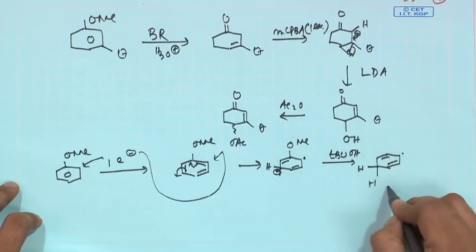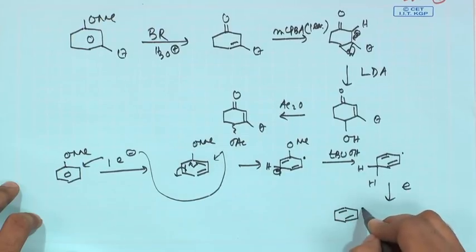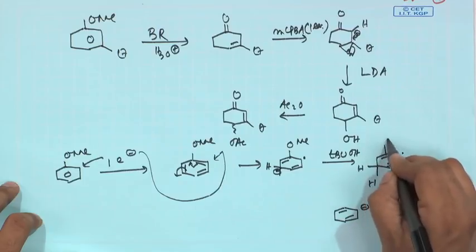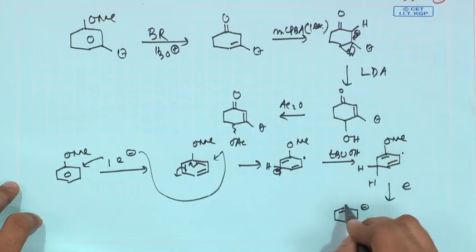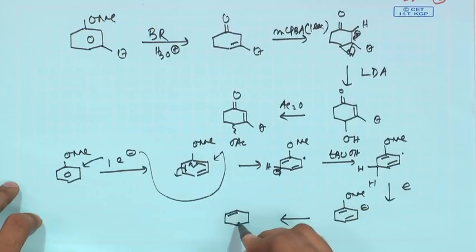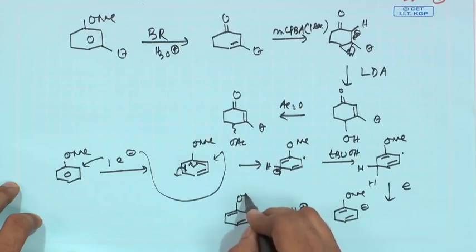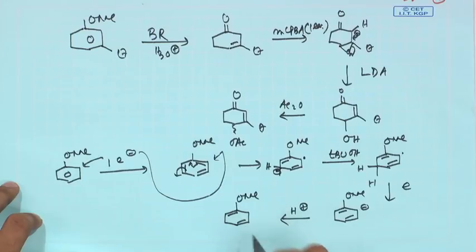Now, this one again will accept another electron to become negative again. Now, this OMe remains here, and then you will take H plus from the solvent, and it will give you this compound.